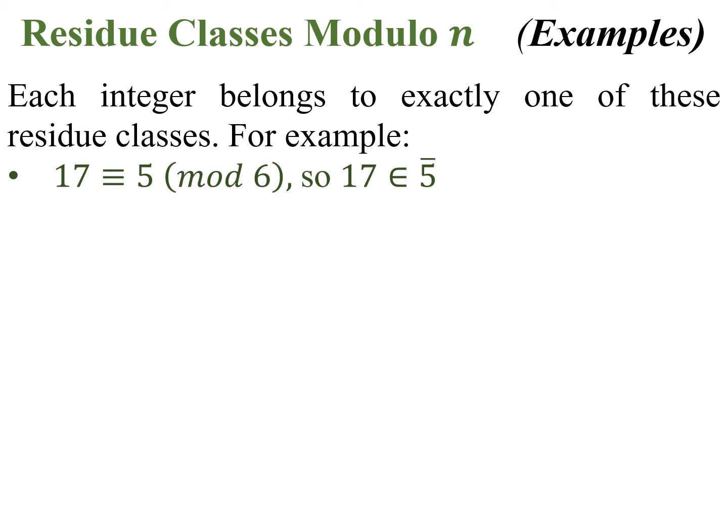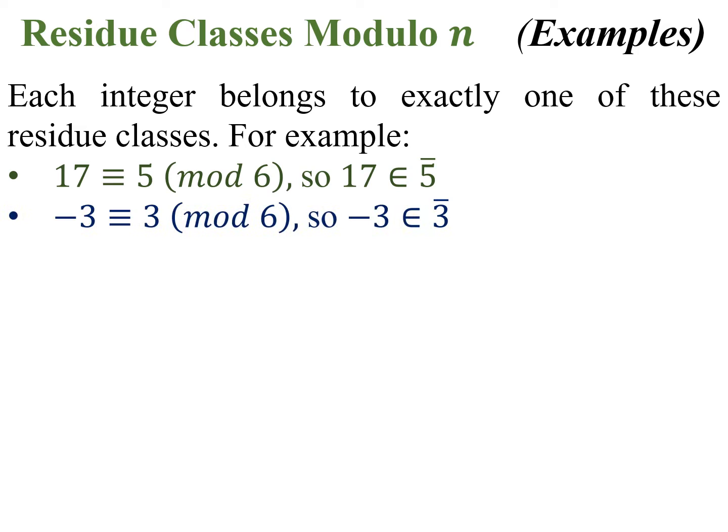When we divide 17 by 6, we get quotient as 2. 6 2s are 12. And when we subtract 12 from 17, we will get the remainder 5. Means 5 is the remainder when 17 is divided by 6. So 17 is congruent to 5 and 17 belongs to the residue class of 5 modulo 6.